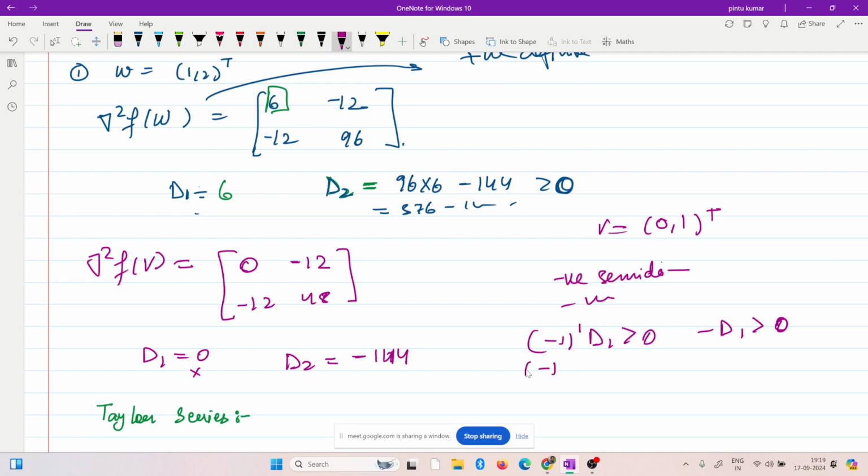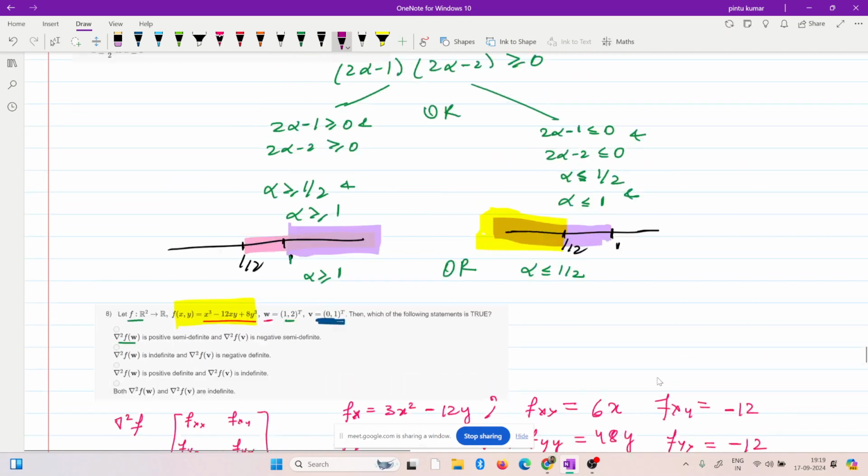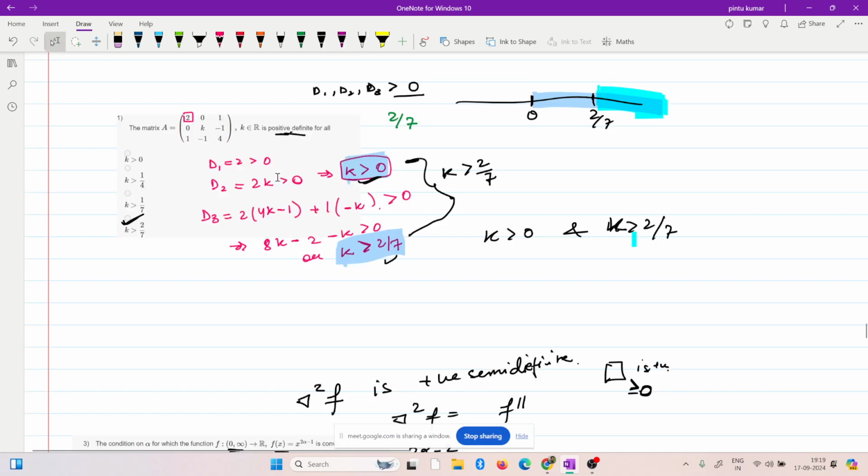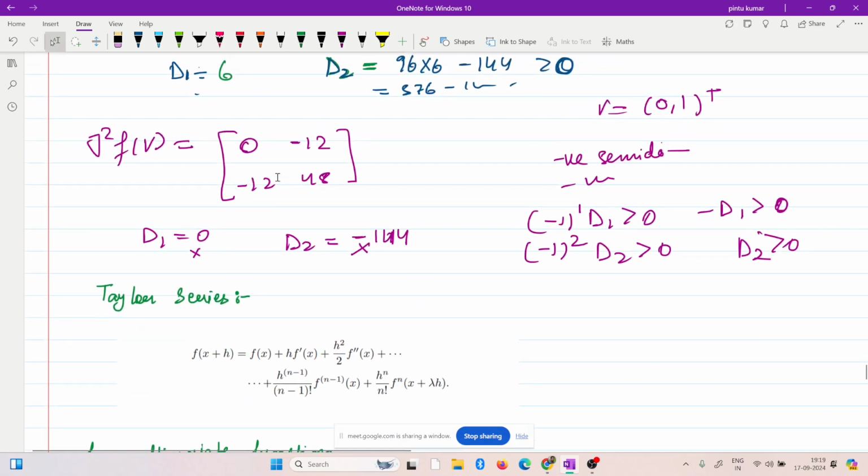And we wanted our second condition, minus 1 to the power 2 D2, to be greater than 0, which would mean D2 is greater than 0. This is also not satisfied. So there is no point checking the principal minors, because D2 is also one of the principal minors. It is the leading principal minor, but it is also one of the principal minors.